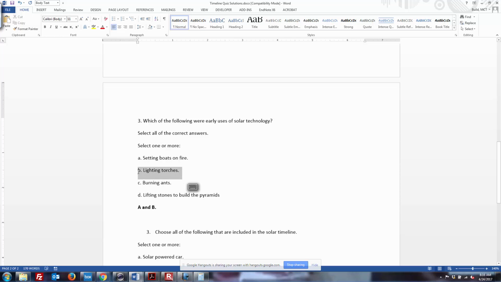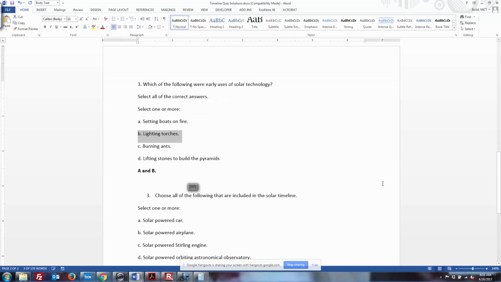Also for lighting torches with a mirror. My video's on right now, so you're not seeing, but do a little research and you can find those too. So this is focusing light with a lens or set of mirrors. So that's how to think about that one.